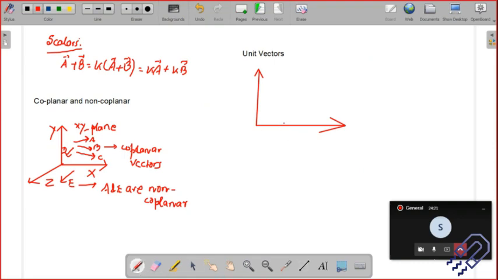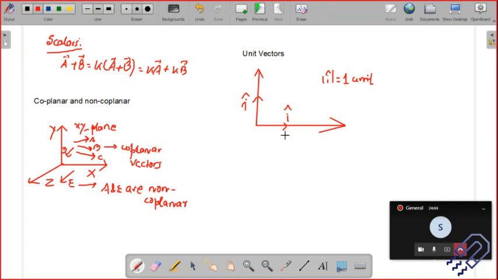How many times this particular direction, if I say it's i cap, and this particular, if I say j cap, this cap represents a unit vector. If the magnitude of i cap is, let's say, 1 unit, then this particular length is how many times this particular unit, right?